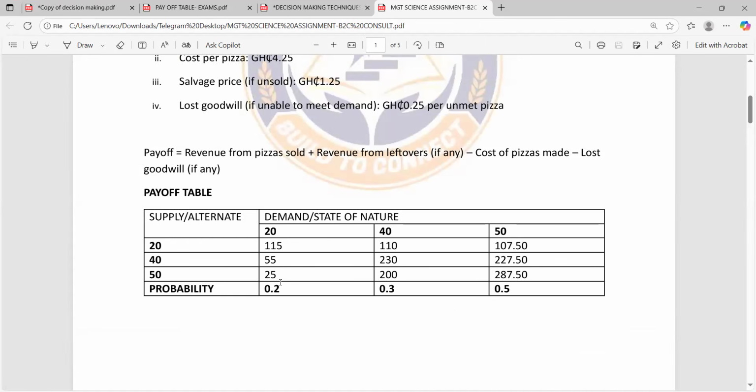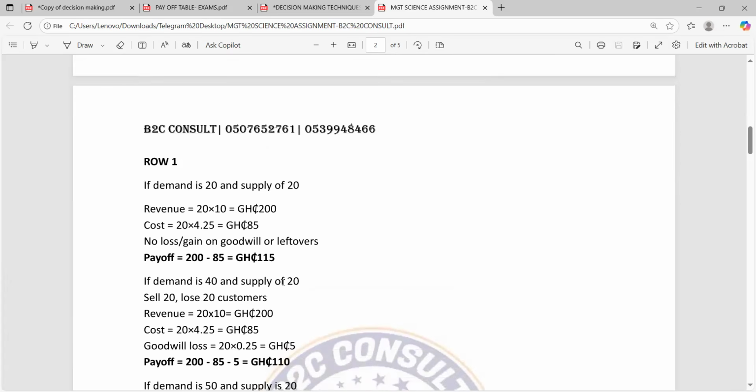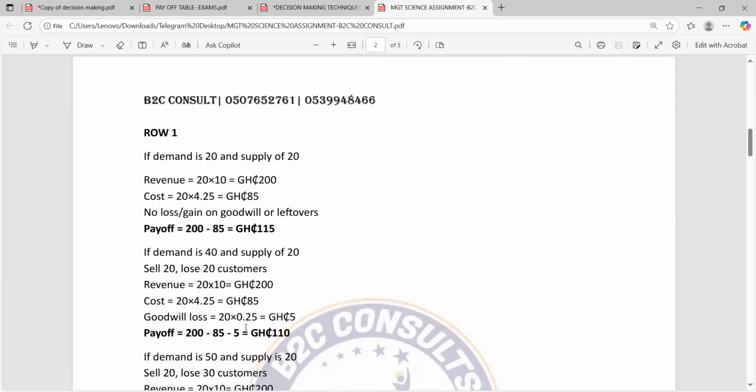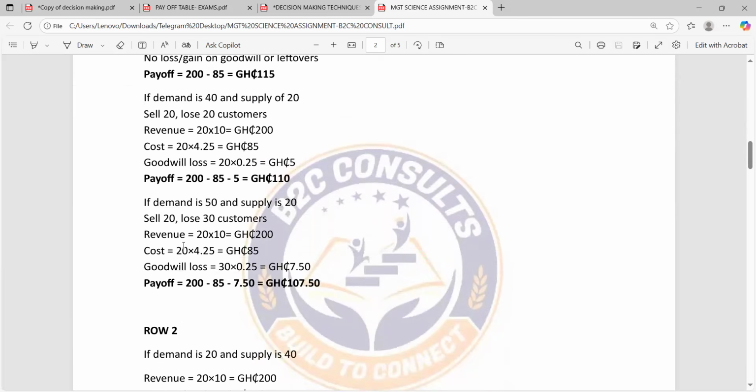That would be the excess 20 times 0.25. You have no leftovers. You can only have leftovers anytime supply exceeds demand. So that is the nature of how another question can be propounded for you to go and solve.